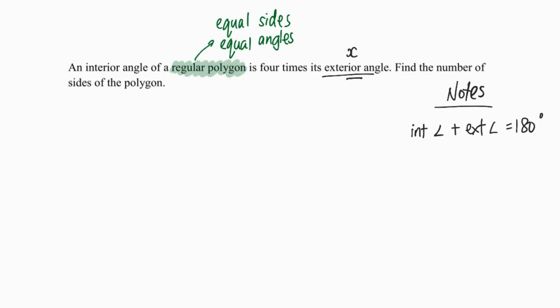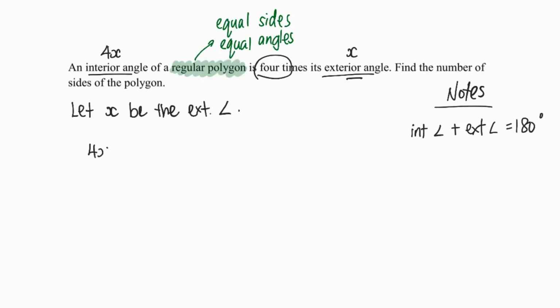Then since interior is 4 times, the interior angle will be 4x. Get the idea now? But because this x is not given in this question, I will have to write it down. Let x be the exterior angle.